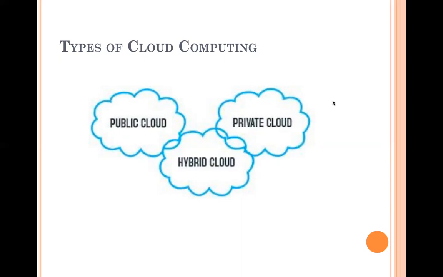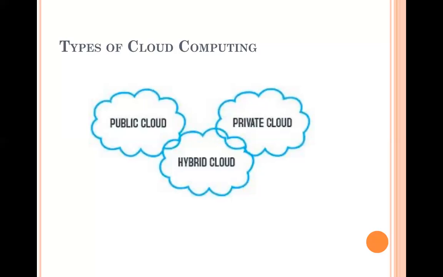All types of users can access that public cloud according to their need, and they can pay as per their usage. In public cloud, computing resources are managed and operated by the cloud service provider. Here the CSP, cloud service provider, manages all the computing resources.